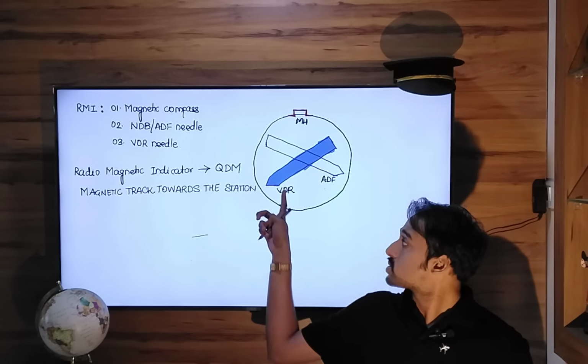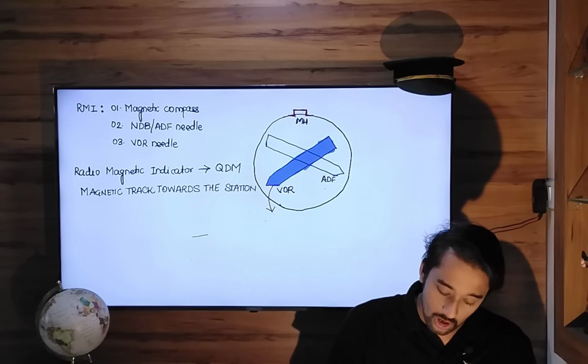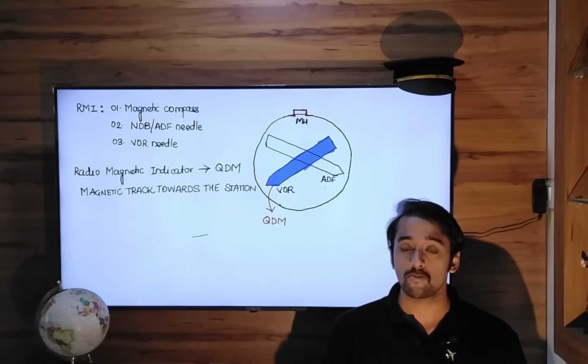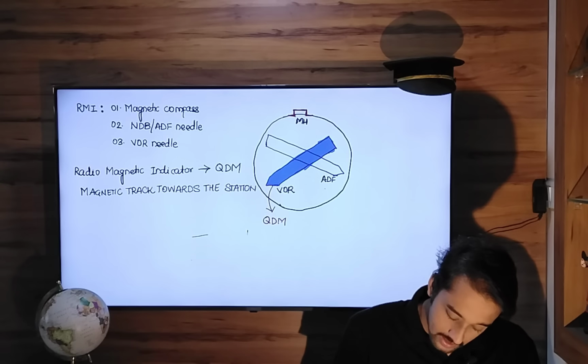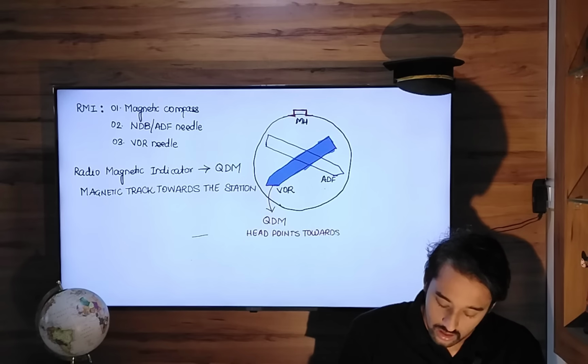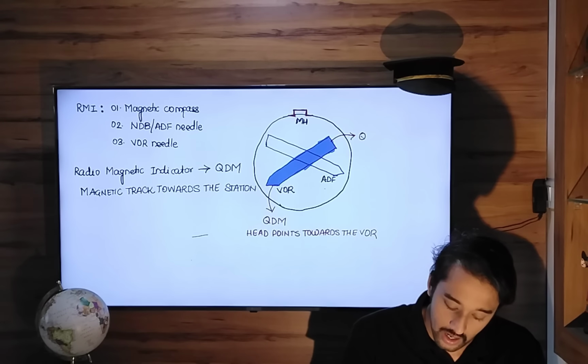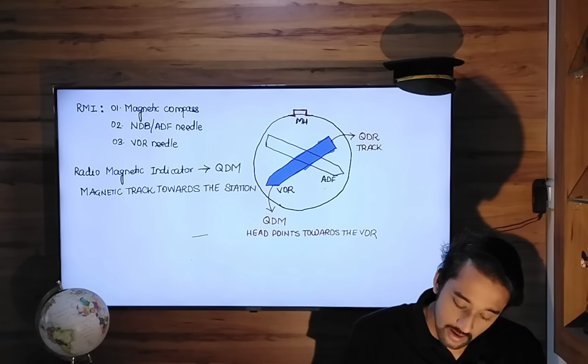So the head of the VOR needle will always point towards QDM, or point towards the track, or point towards the VOR. The tail is your QDR, that is the magnetic track away from the VOR.